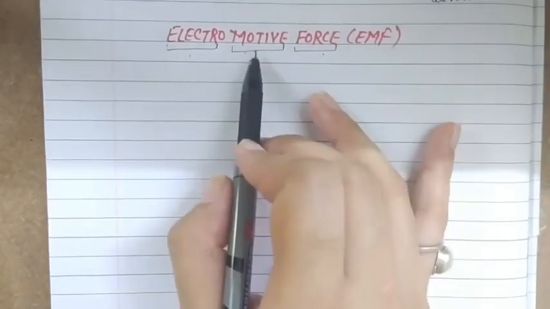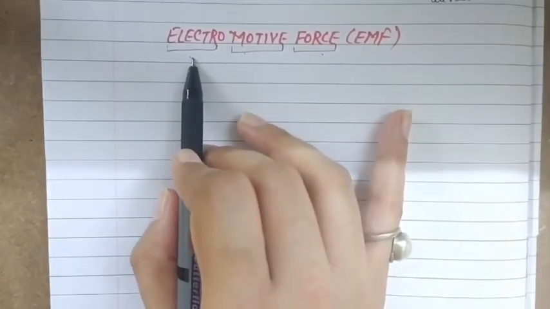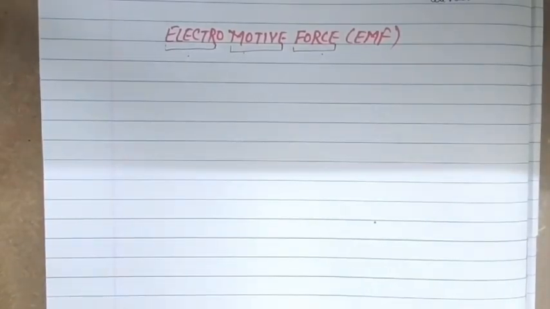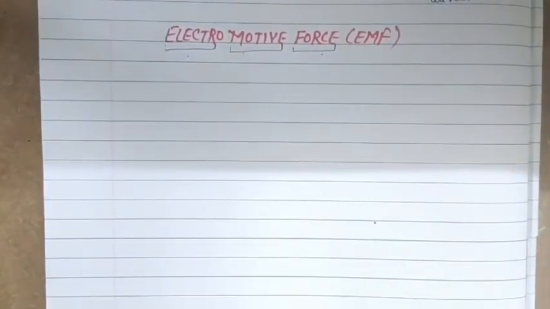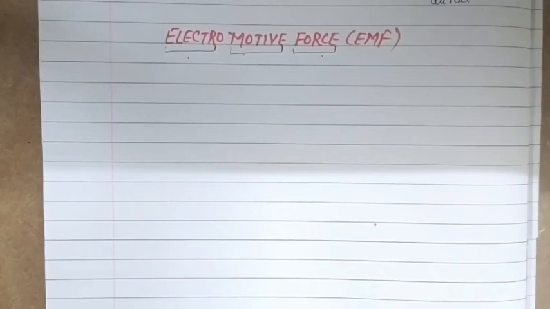The force needed to move an electric charge is called EMF, but actually it is not a force. If you want to put any electric charge in motion, then you need a source that can provide energy to that charge. So basically it's all about the energy that a source gives to an electric charge for its motion, which is called electromotive force.